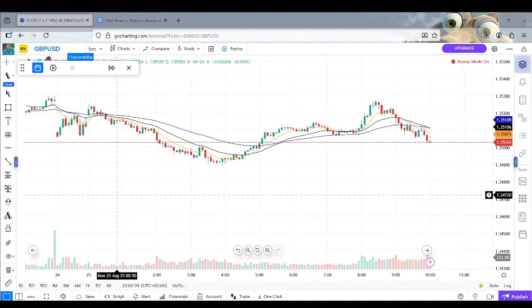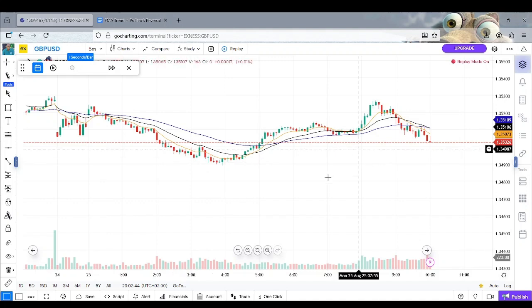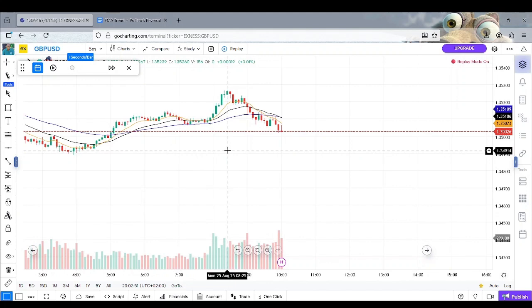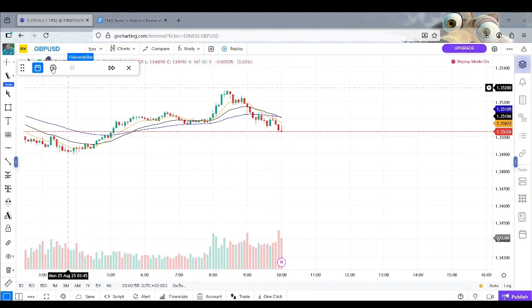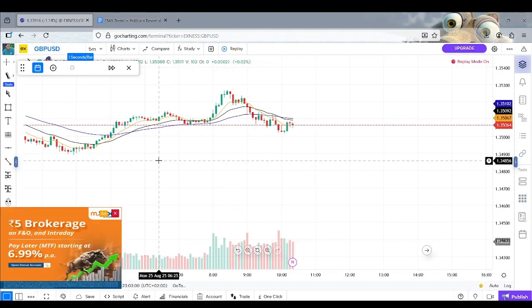Yes, there was a bit of bearish from midnight, but then it also shifted, and now London open. It seems we're going bearish. Let's see what happens. Okay, we're coming back.